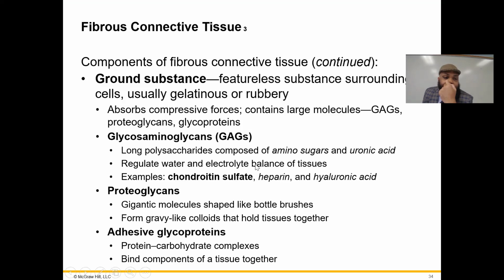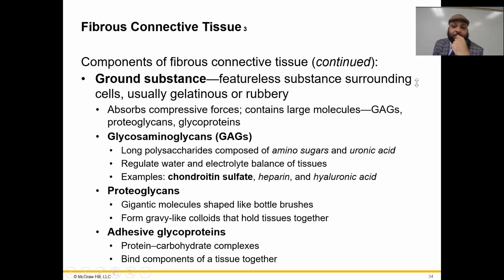The ground substance is found in the fibrous connective tissue, and it is a featureless substance surrounding the cells, usually gelatinous or rubbery, and it absorbs compressive forces. It contains large molecules known as glycosaminoglycans, proteoglycans, and glycoproteins.